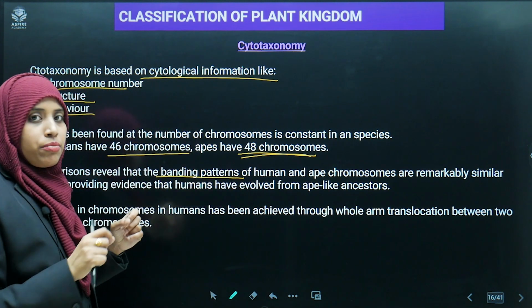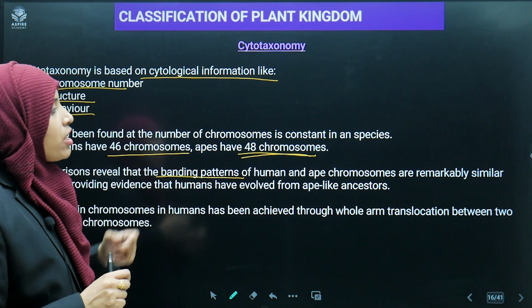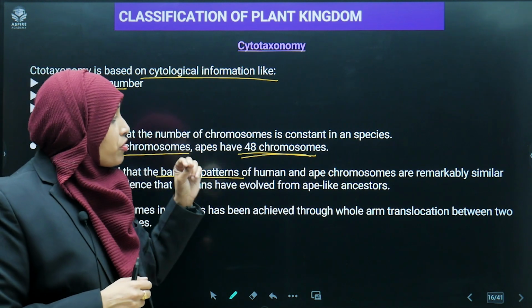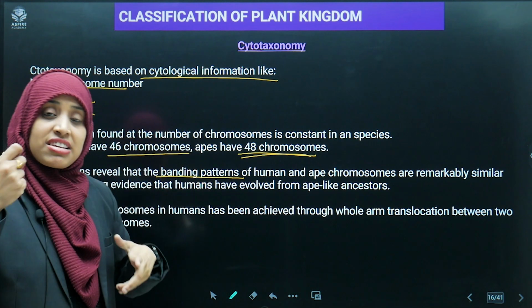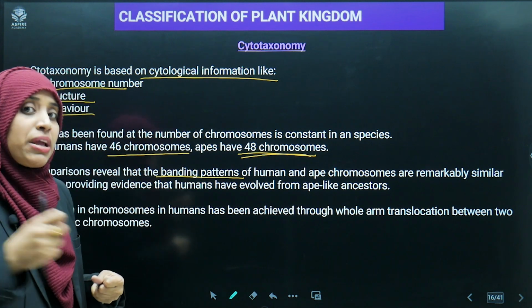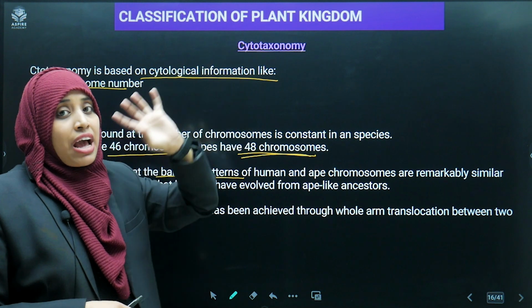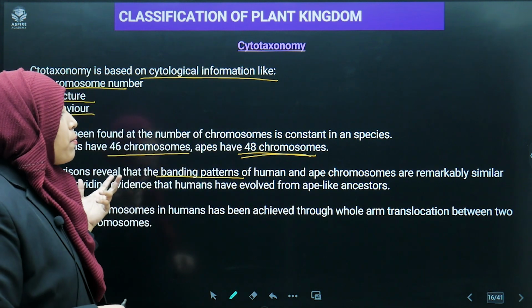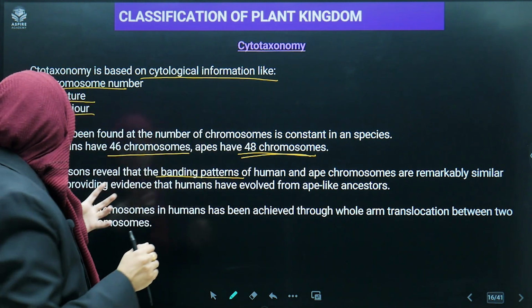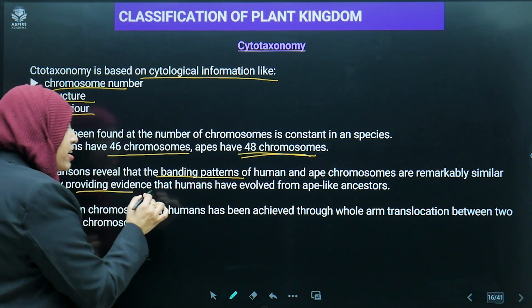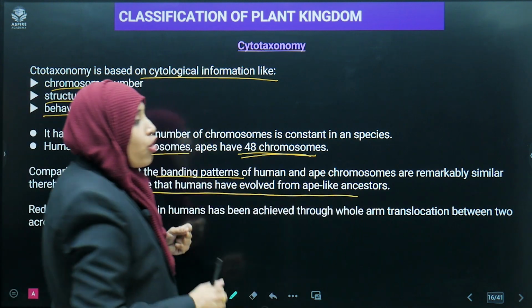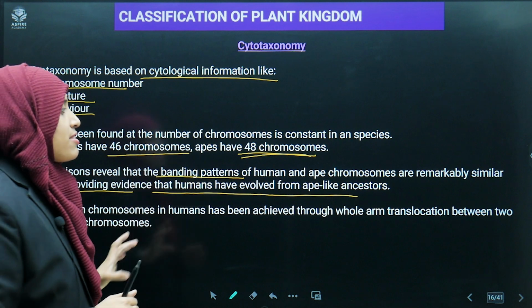What is the pattern? Similar patterns between the human and the ape chromosomes. So differences in the chromosome, differences in the structure, differences in the behavior, even similarity in the behavior. What is the similarity in the chromosomal number? So all was the main focus, thereby providing evidence that humans have evolved from ape-like ancestors.